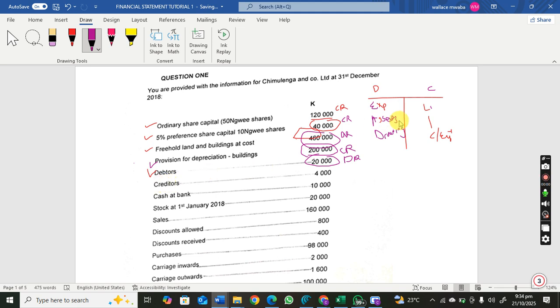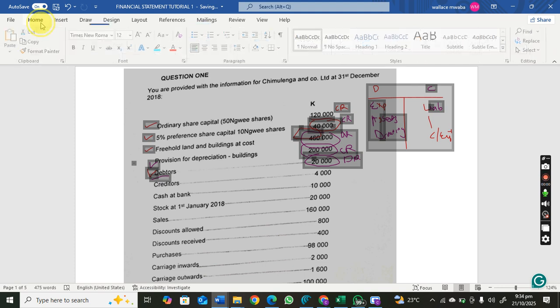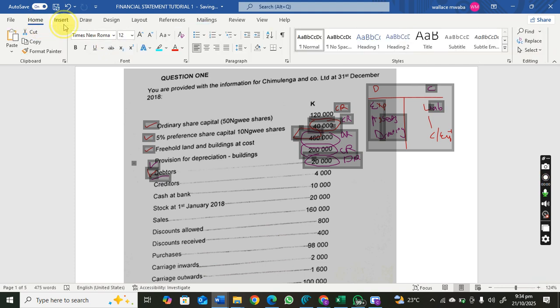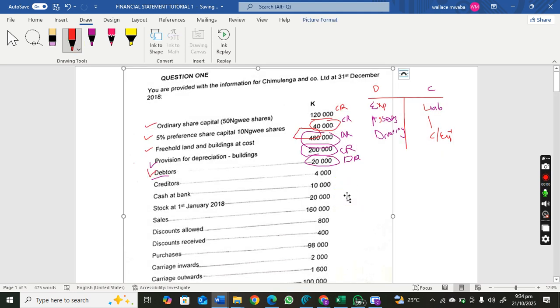Liabilities are on the credit side, so as the name suggests, when you see creditor, think credit side. They are a current liability, meaning they have to be paid within a year. So liabilities have their balances on the credit side.